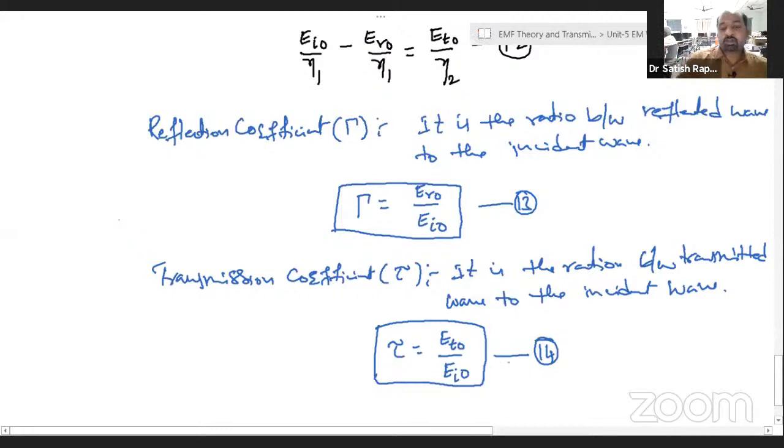So reflection coefficient is the ratio between ER naught and EI naught, and transmission coefficient is the ratio between ET naught and EI naught.